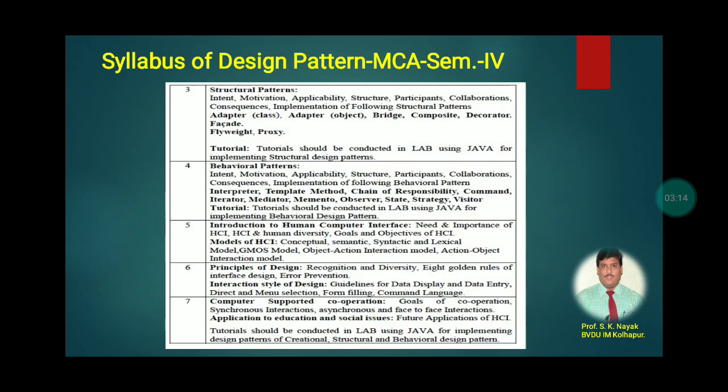In this unit we can also see the GOMS model, the object action interaction model, and the action object interaction model. So it is basically an introduction to HCI, human computer interaction, and we have to design different types of models for interacting with the computer through different environments.